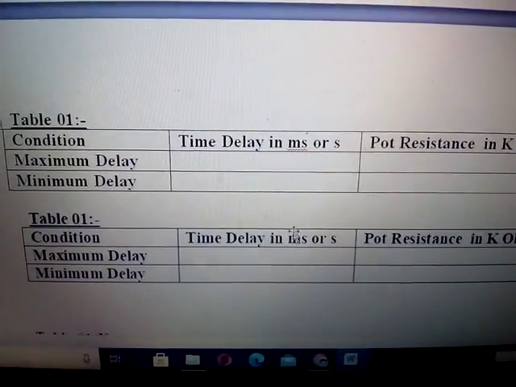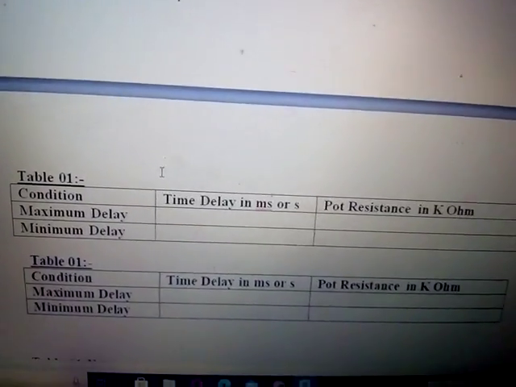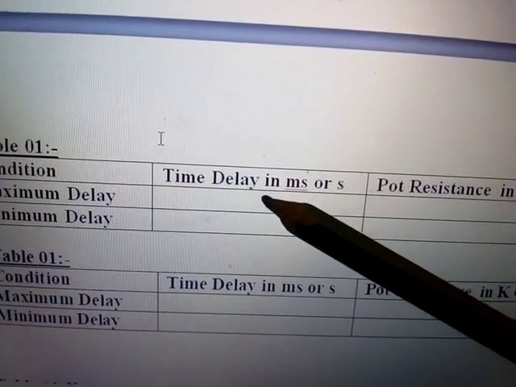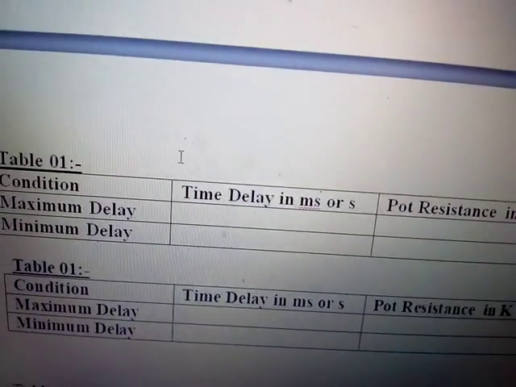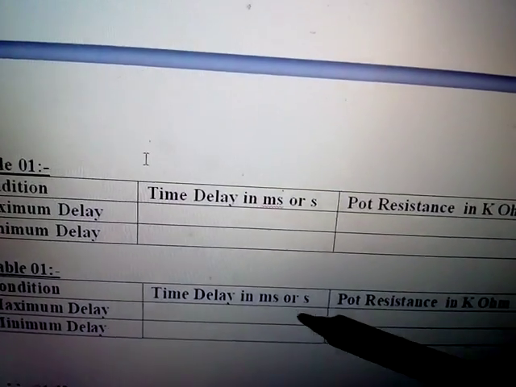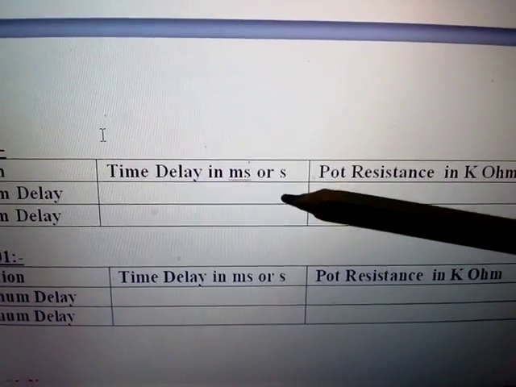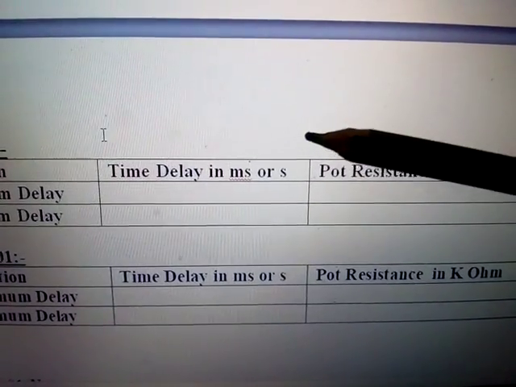Next, here the maximum delay in the table. In the examination you can write here time delay in milliseconds or microseconds or seconds. But you can write here milliseconds or microseconds because you will not get seconds.